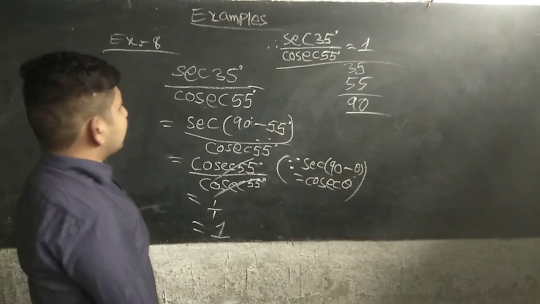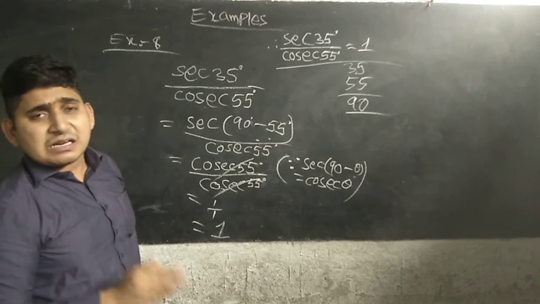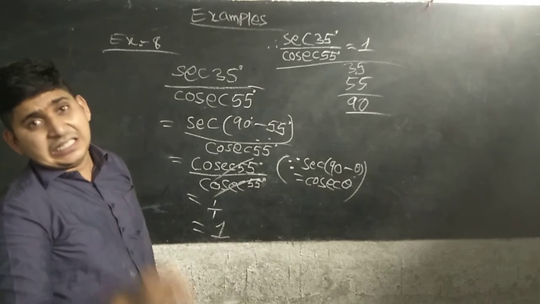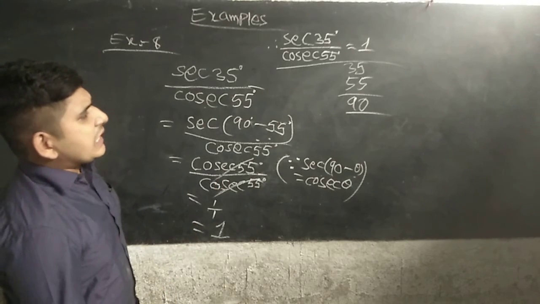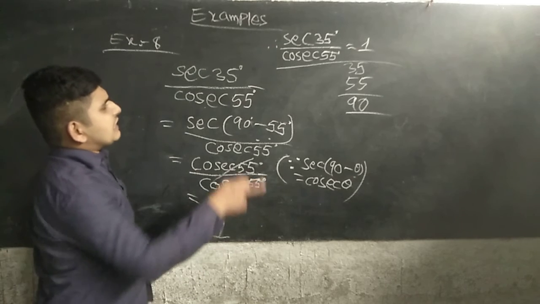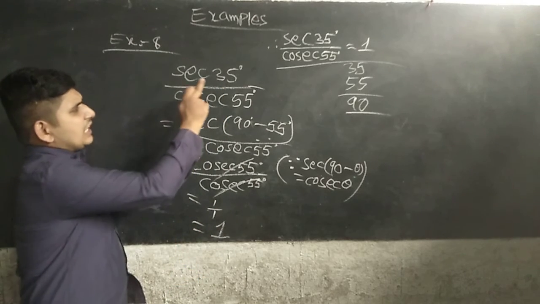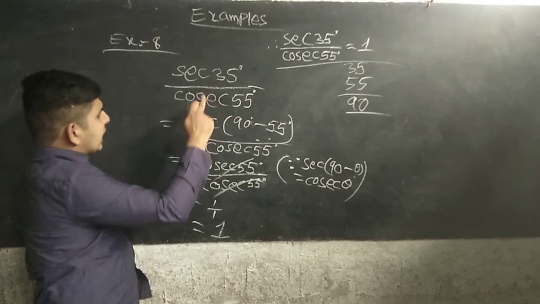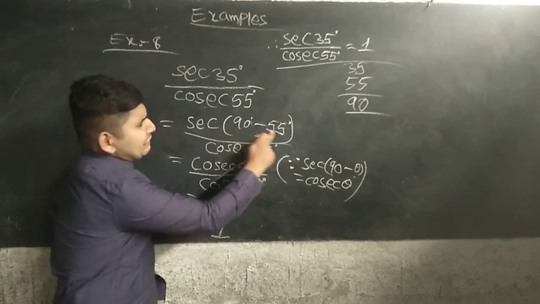Here 35 plus 55 equals 90, so theta 1 plus theta 2 equals 90. If theta 1 plus theta 2 equals 90, then automatically we have to change any one angle. I am changing sec 35 as sec of 90 minus 55.